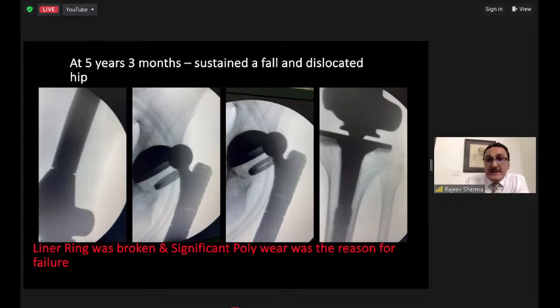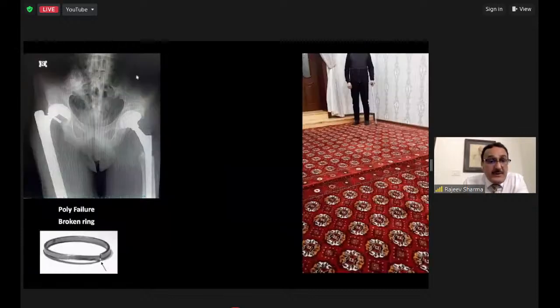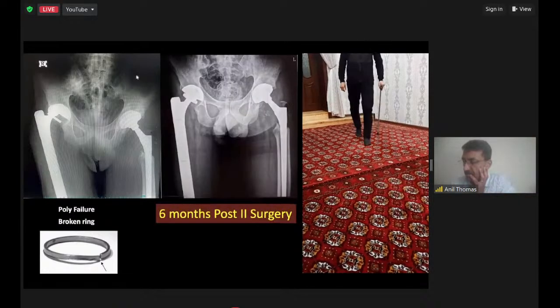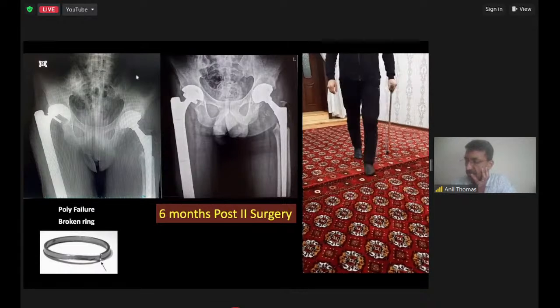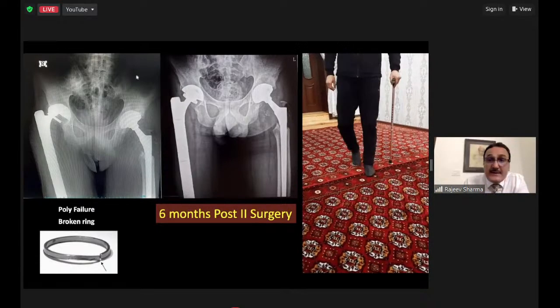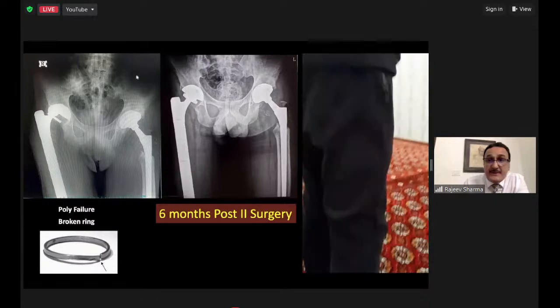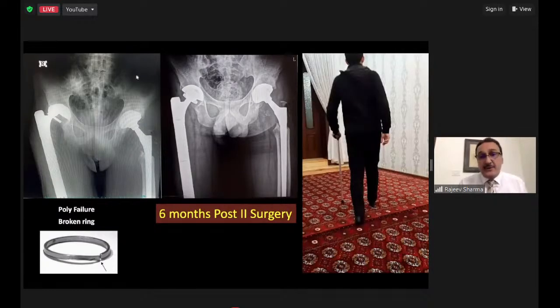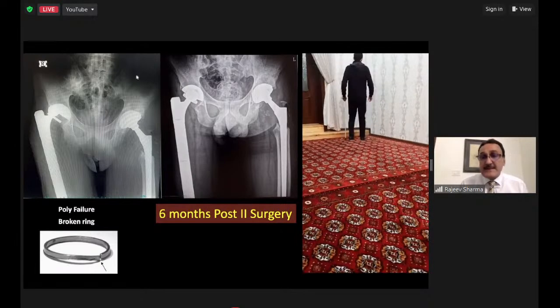These patients are very high demand patients, and when they have a surgery like this, they are able to go on in a very good way. That's what we saw, the broken ring. The ring was changed, and again the same liner was used, and that's the patient's function 6 months after the second surgery.